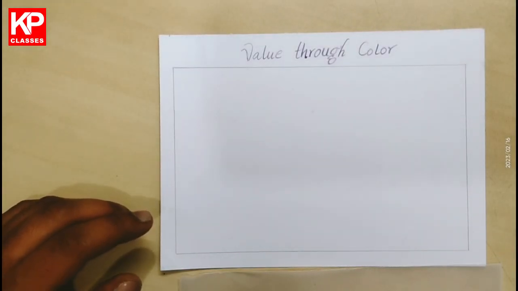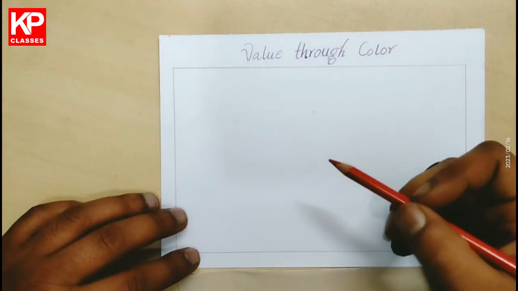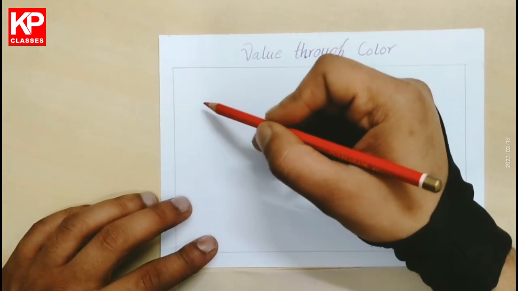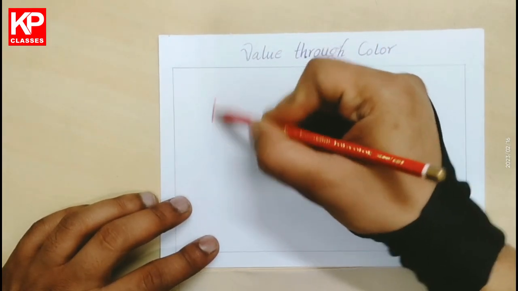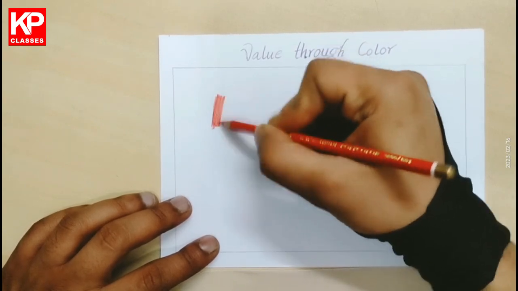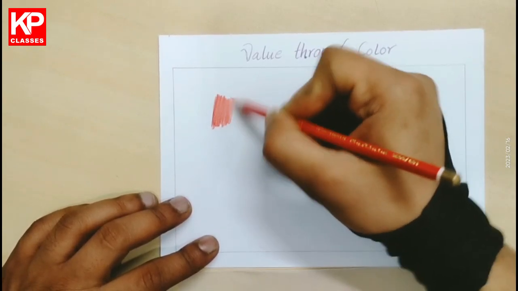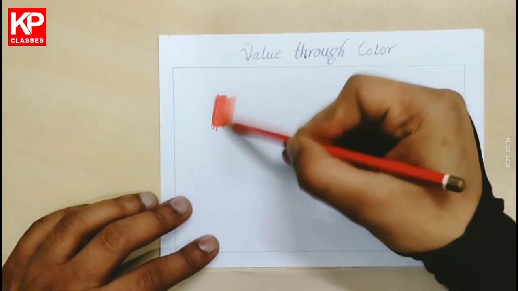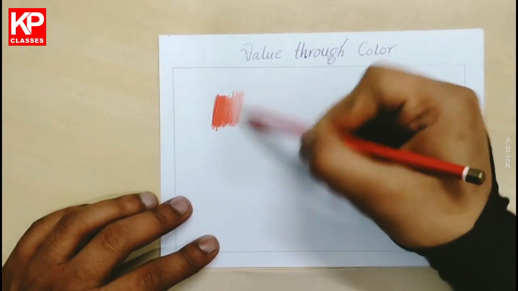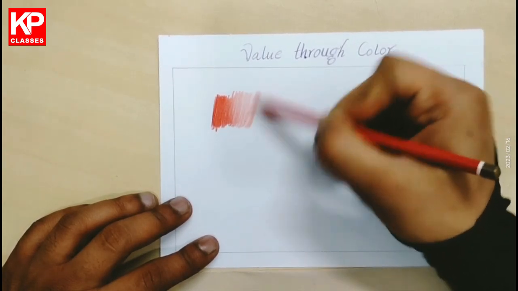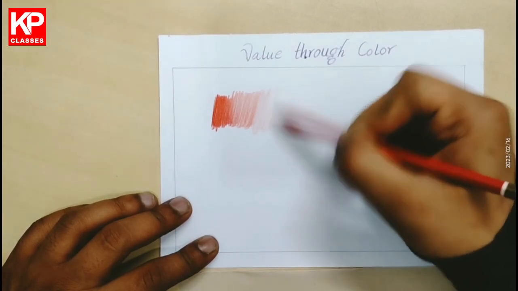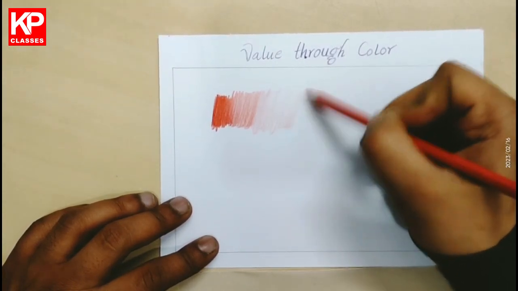I would like to take a color, red would be fine, I guess. So to show the value, I'll be using this pencil color. The heavy pressure, the medium pressure, going towards very light pressure.